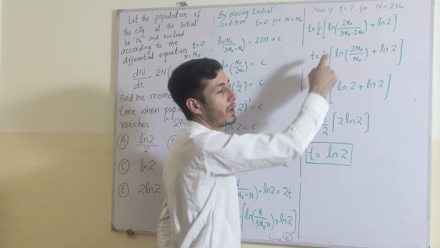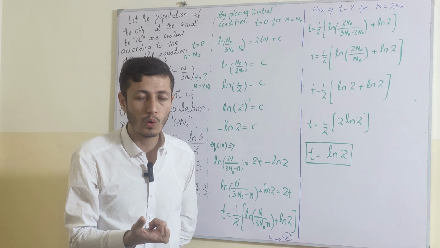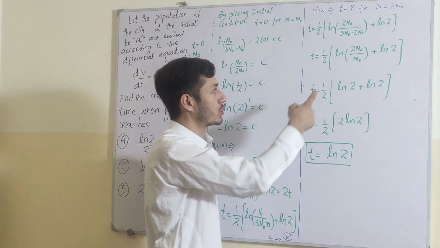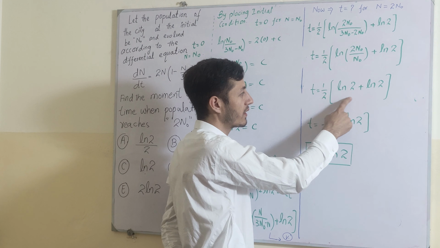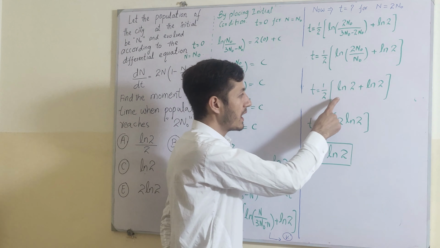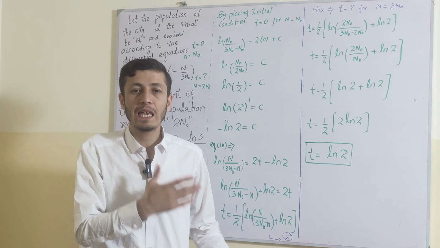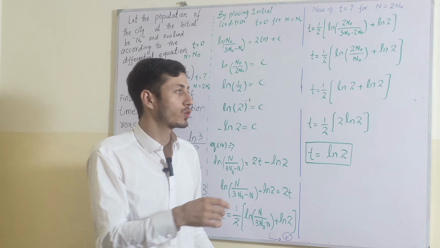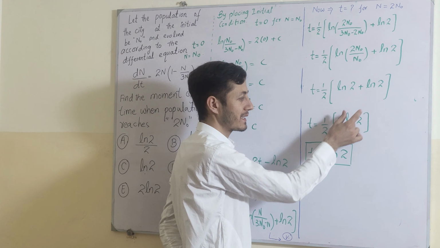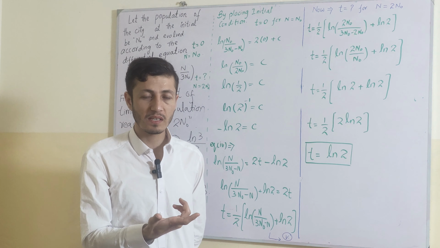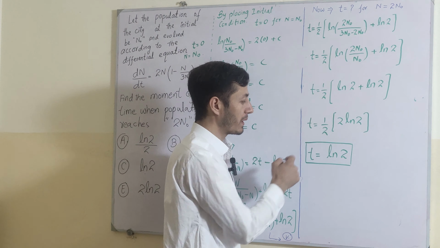In the denominator 3 minus 2 gives us only a single n naught. So the n naught cancels out, it gives us natural log of 2. Natural log of 2 plus natural log of 2 gives us 2 times natural log of 2. So the 2 will be cancelled out.